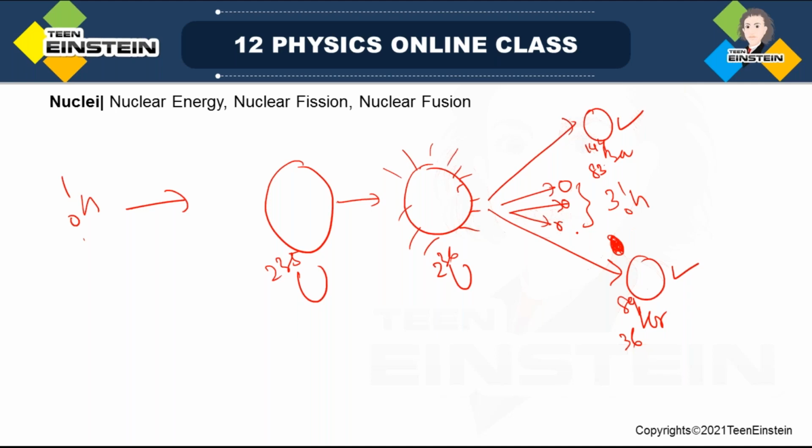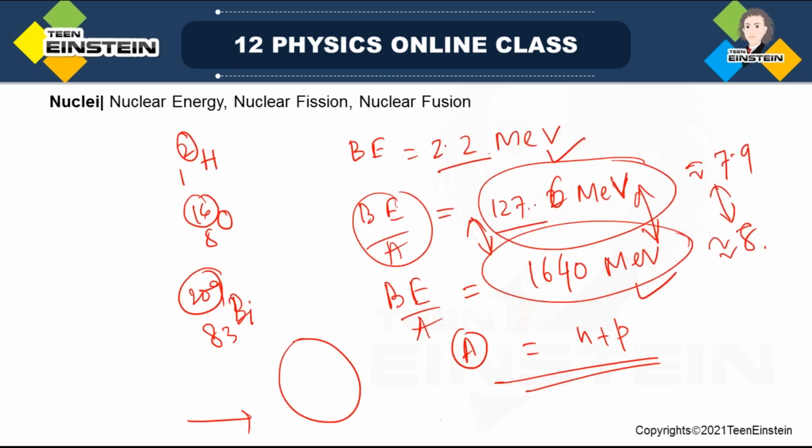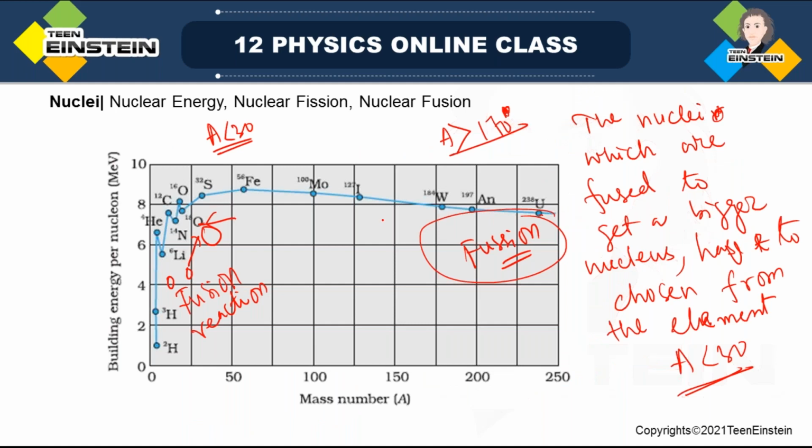Okay, so this is one specific example. I'll write the example in terms of a reaction. Suppose you have a thermal neutron, a high energy neutron, that bombards uranium 235, 92. If you go back to the binding energy curve, uranium has a binding energy of almost 7.6.